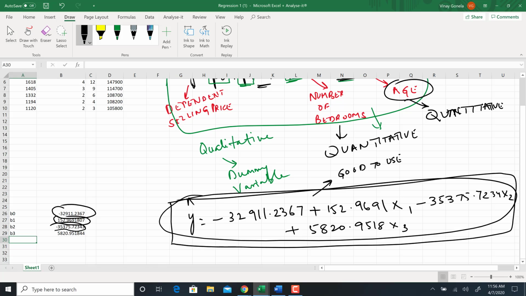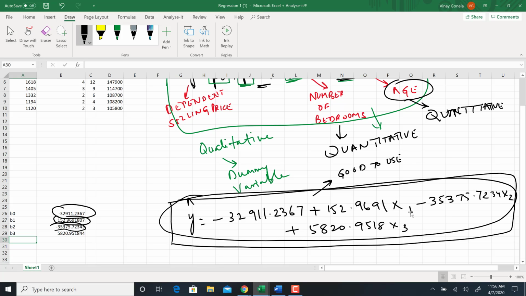The next question is which factors are good. It's not only that you want to have this equation, but people want as few variables as possible while still making accurate predictions. They don't want so many variables at times.